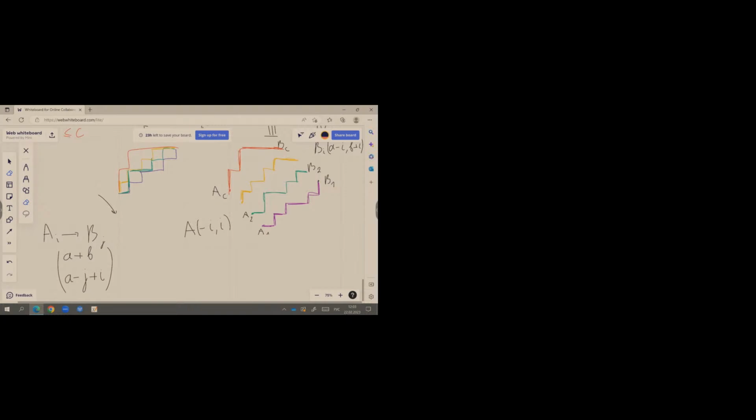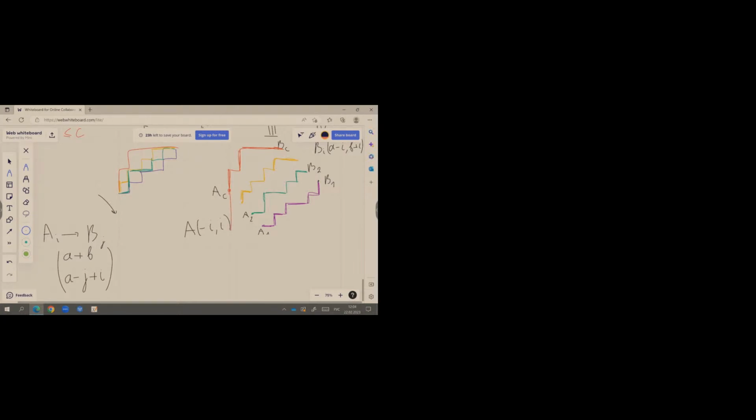The first way is to just use the linearity of the determinant and the recurrence relation on binomial coefficients, but we won't do it. Let's just modify our paths.